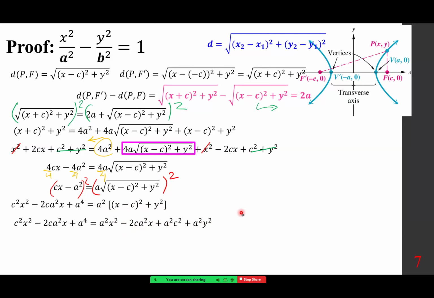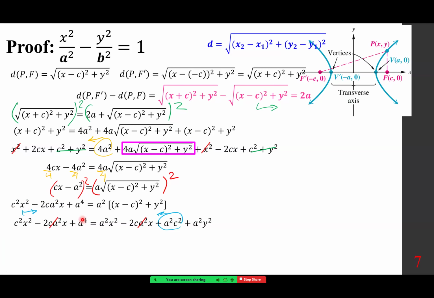And again, we look at both sides. We notice these two are identical, so we can drop it. We can move this to this side. We can move this to this side. So notice what's going to happen.